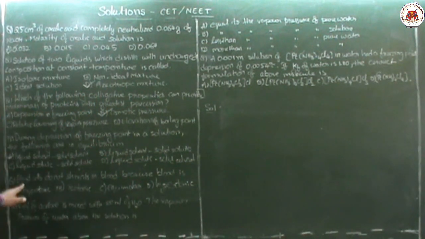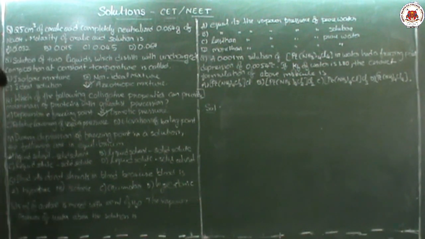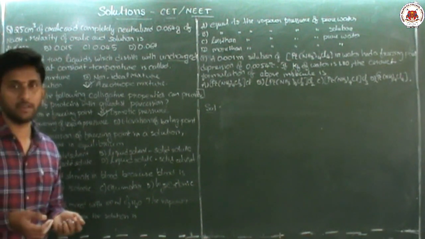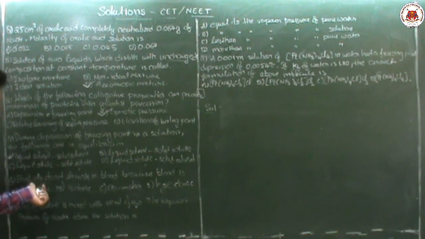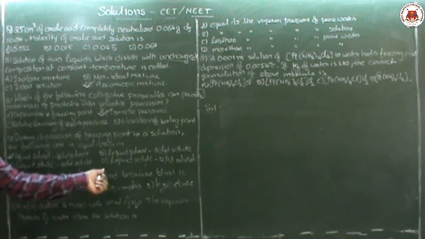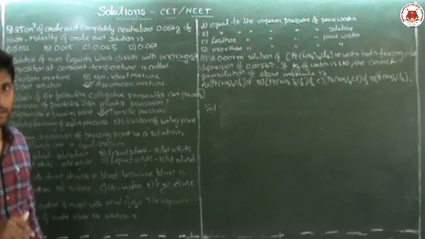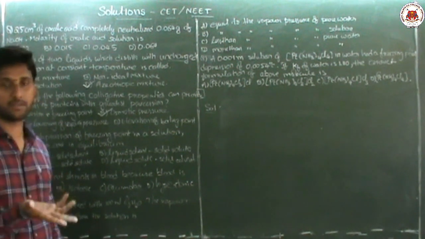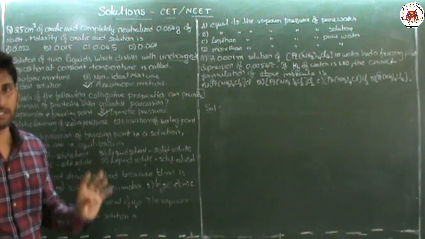Next question is, blood cells do not shrink in blood because blood is. Now you know that blood consists of a major proportion of water and the remaining are RBC, blood plasma and different components. They are asking why blood cells, meaning RBC, do not shrink or swell in the blood. Shrinking and swelling happen whenever there is a hypotonic or hypertonic condition.